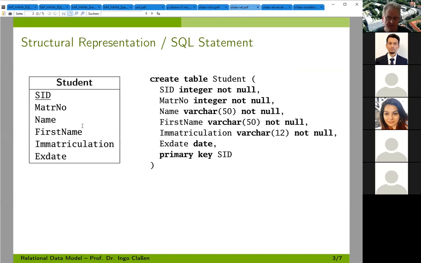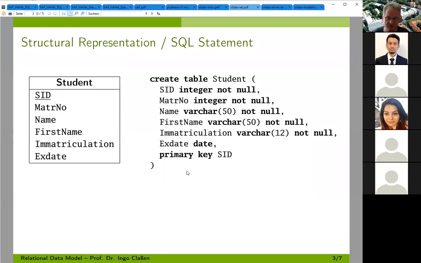The third kind of representation, the SQL statement, is necessary in order to implement the relational data model within a relational database system. This is code. And of course, code must be much more detailed and much more precise than the graphical representation.